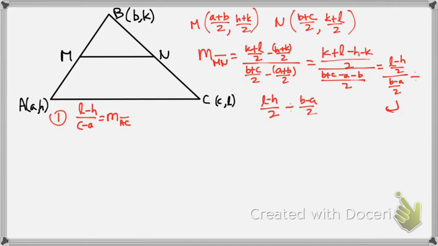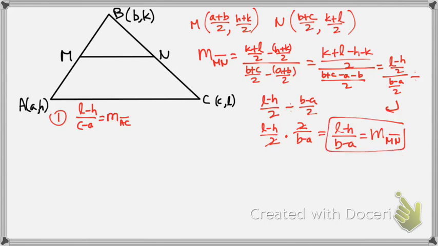Multiply by the reciprocal when we divide fractions. So L minus h over 2 times 2 over B minus A. Cancel out the 2's, so our final slope for segment MN is L minus h over B minus A, which is identical to the slope of AC.